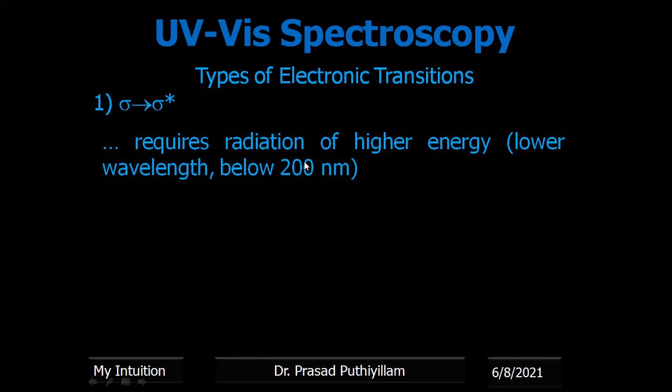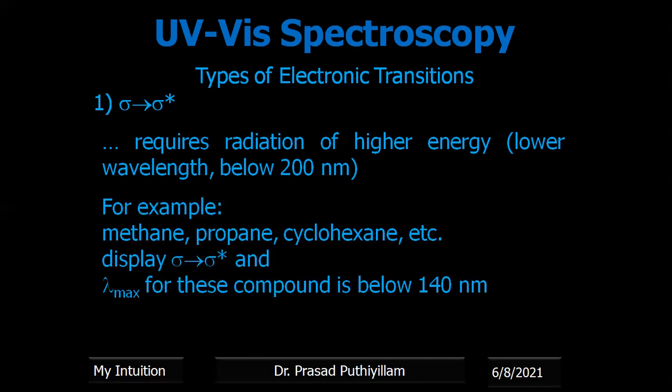In our normal UV-visible spectroscopy, we use radiation in the range of 200 to 800 nanometer, or 200 millimicrons to 800 millimicrons, or even 2000 angstrom to 8000 angstrom.